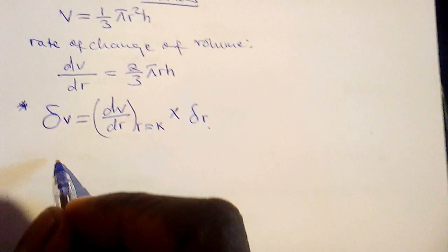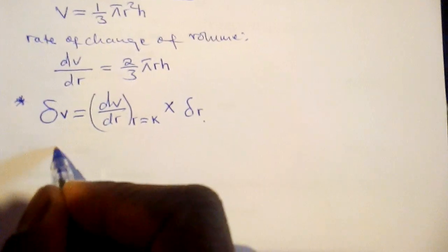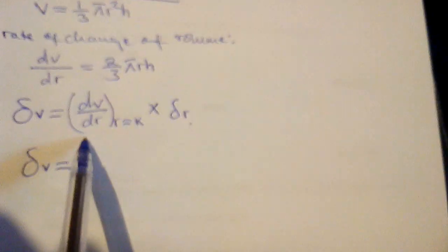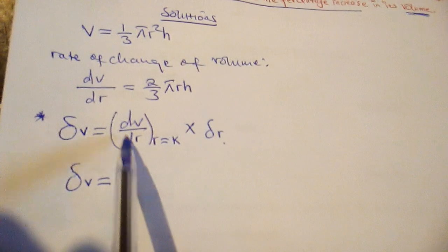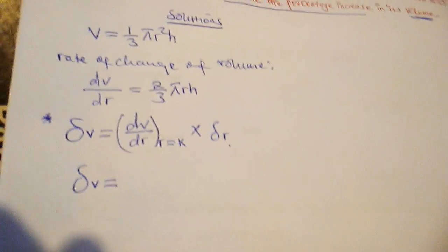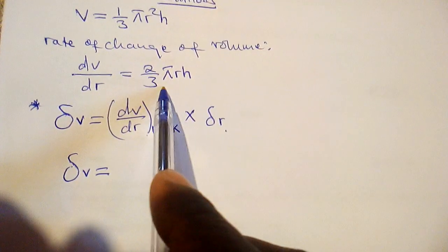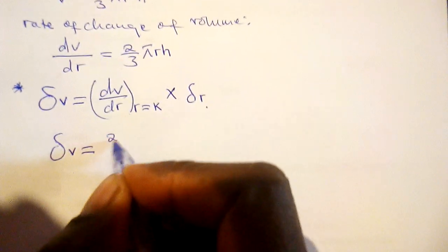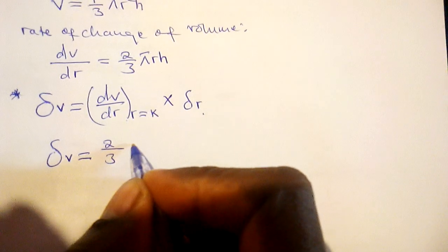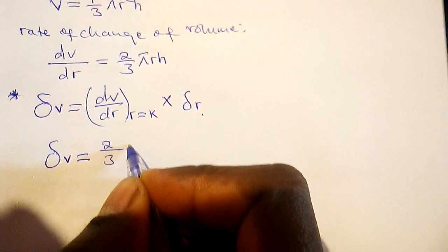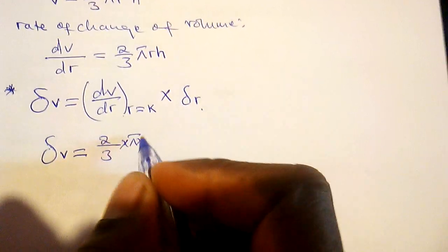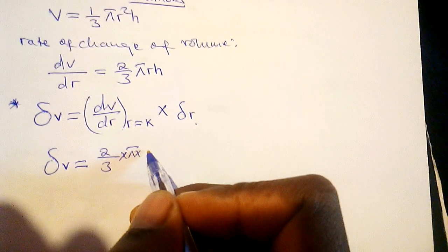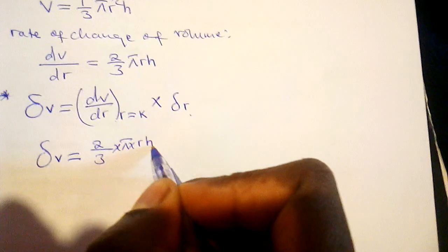So we're going to say change in volume is given by dV/dr, as you're able to see here, we'll put 2/3 pi r h. Okay, so here we're going to put 2/3 times pi times r times h.